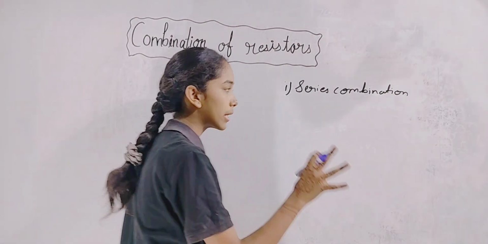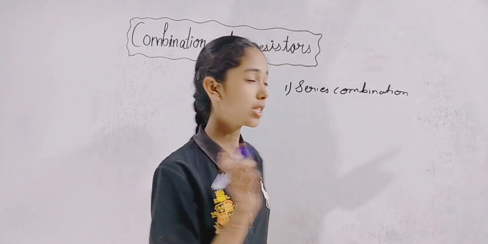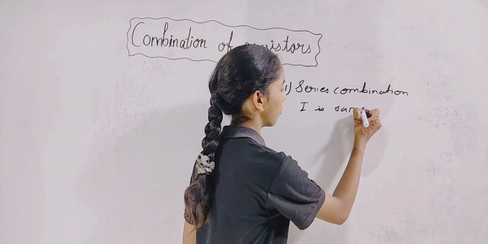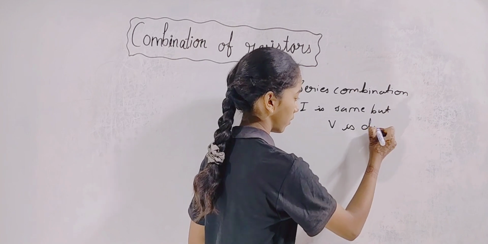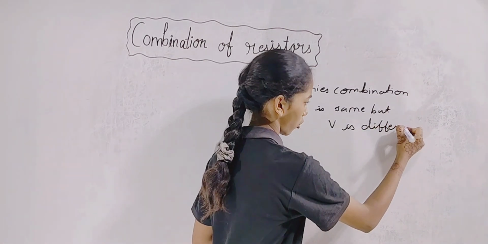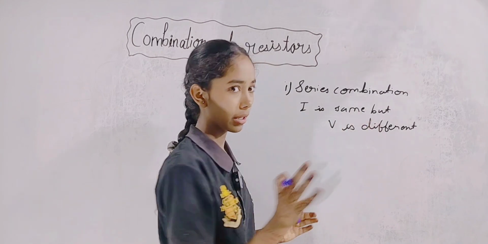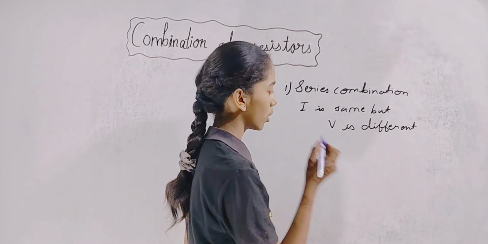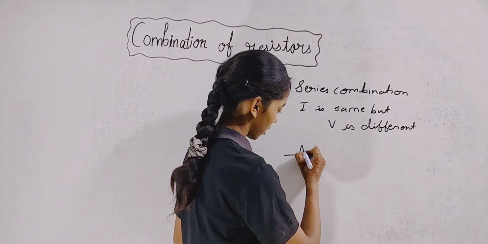We all know that in series combination current is same but voltage is different. What does it mean? To understand it better, we will draw a diagram here. Let's say we have three resistors R1, R2 and R3, and we connect them in series like this.